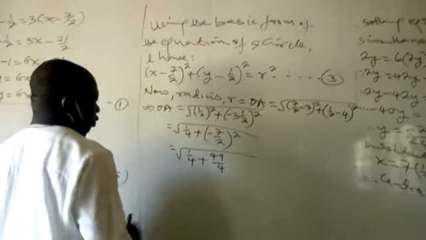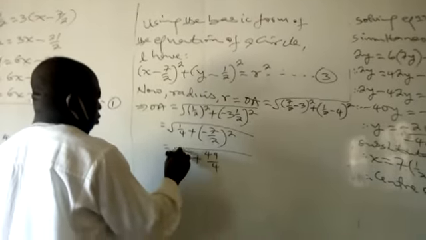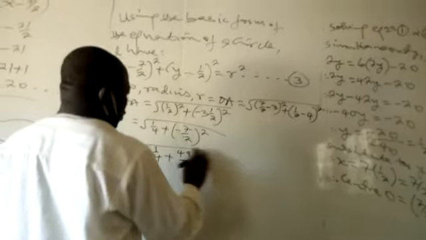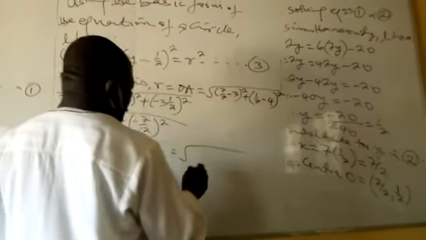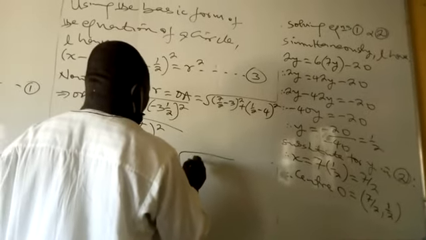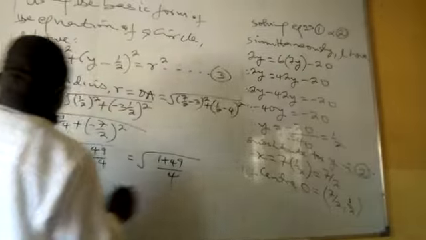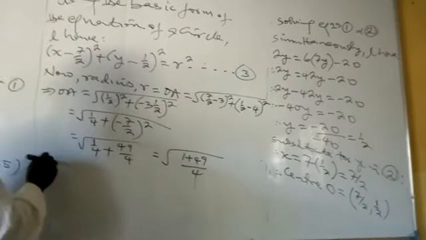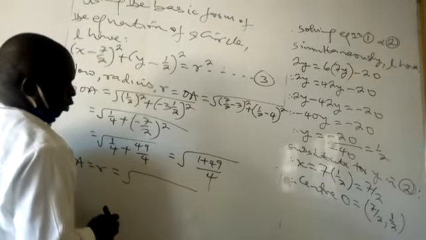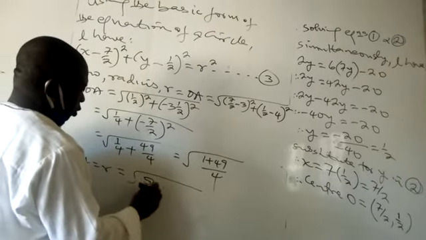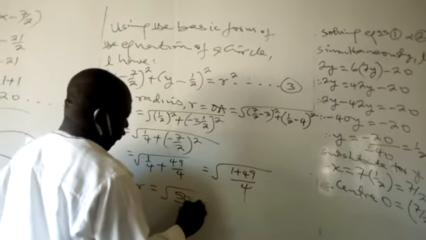The LCM here is 4. So this is 1 plus 49 over 4. Therefore, OA is equal to r, which is equal to the root of 1 plus 49, which is 50 over 4. The root of 50 over 4.